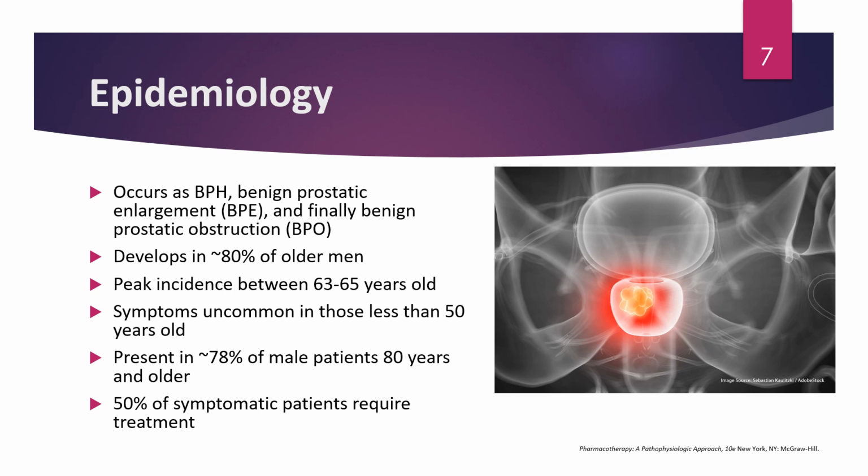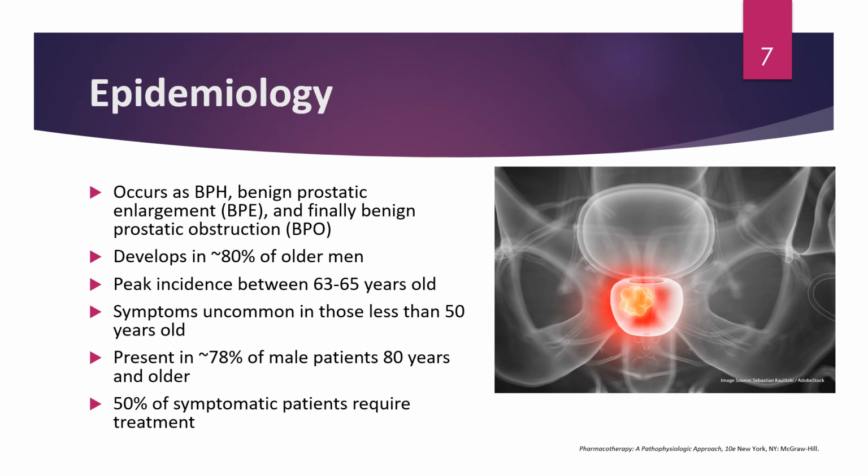BPH typically develops in about 80% of older men, with the peak incidence around 63 to 65 years old. Symptoms are very uncommon in patients who are less than 50, so younger patients tend not to get BPH unless there are other factors at play.